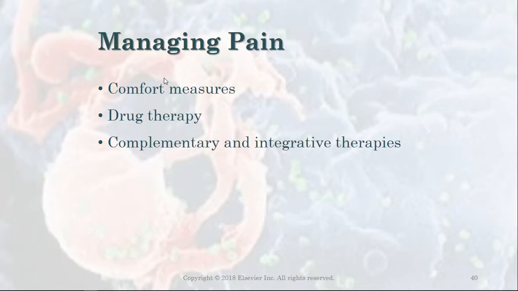So managing pain, we want to provide comfort measures, give them a pressure relieving mattress, like an air mattress such as the Hill-Rom Versacare mattress, a warm bath, massage, hot and cold therapy. And then when we need to reposition them, we're going to try to use a draw sheet to provide comfort so they're not getting any friction or shear injuries.